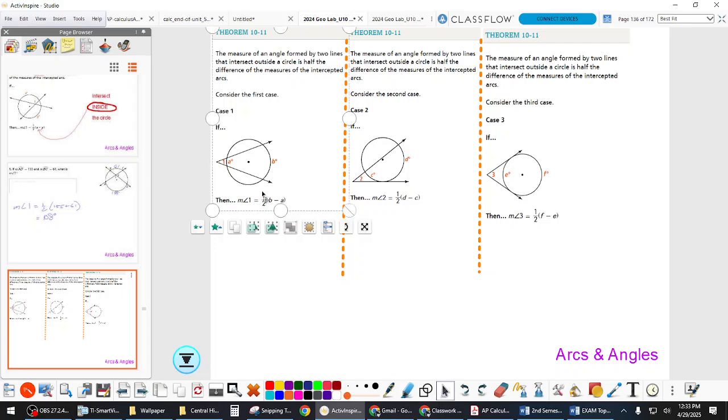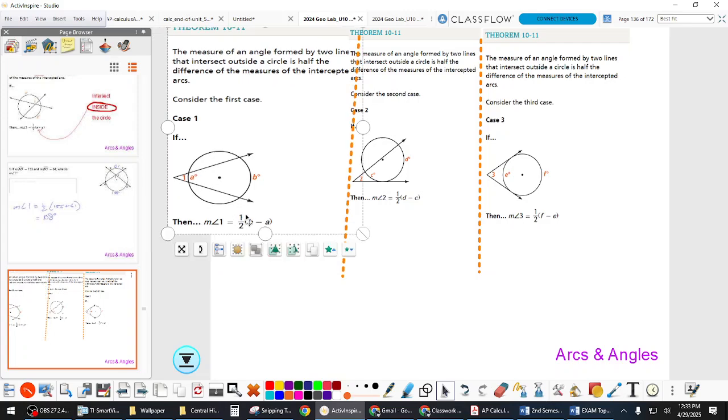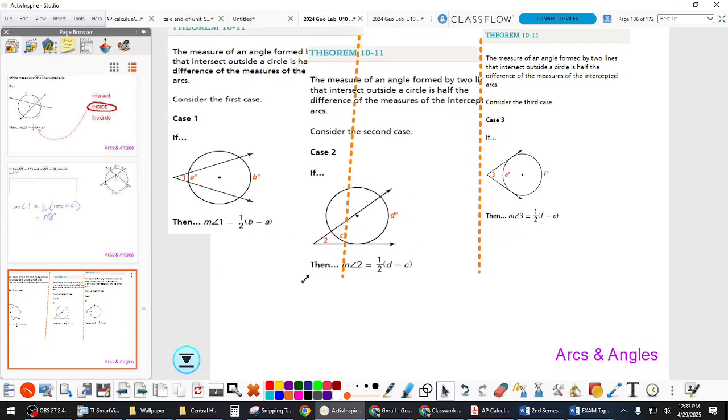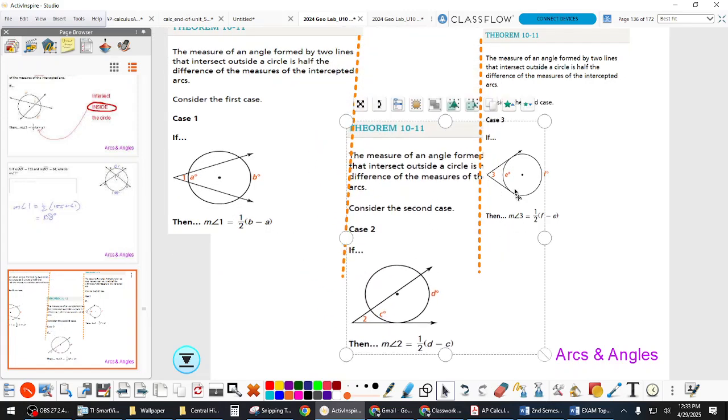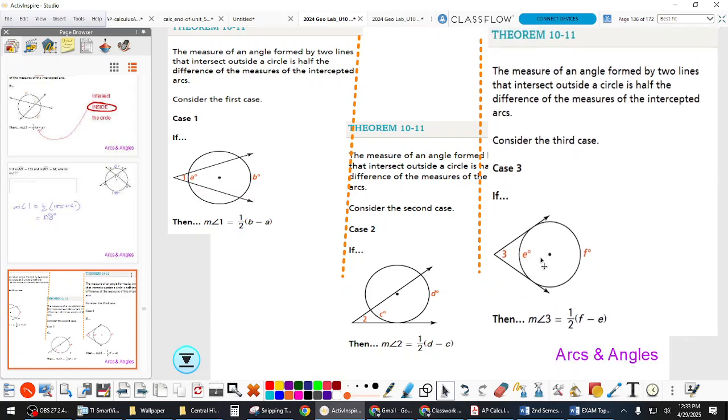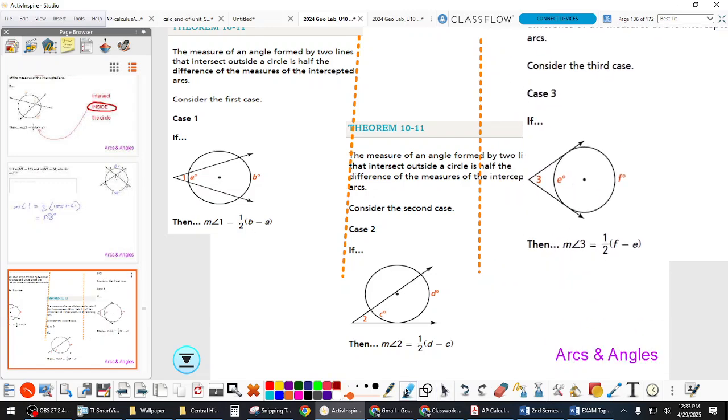I wonder if I can make this bigger. Okay, big idea. The formula is the same for all 3 actually, as long as you see this. Each of these creates a big arc and a small arc.